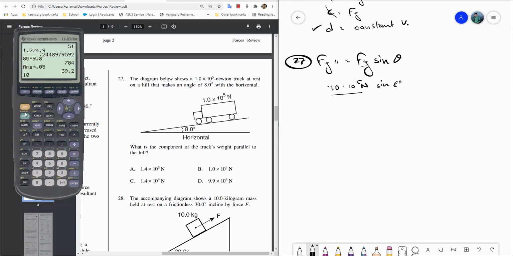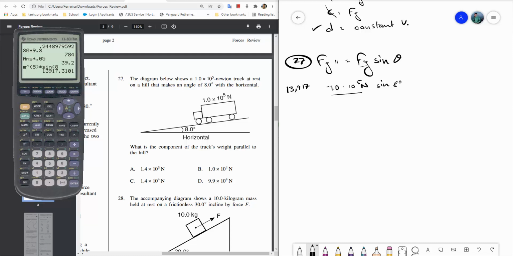So I could just do this: 10 to the 5 times the sine of 8 degrees. That is correct. I forgot how big 10 to the 5 was for a second. The answer is 13,917.